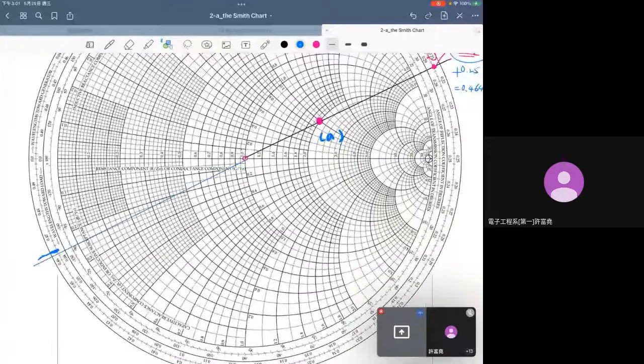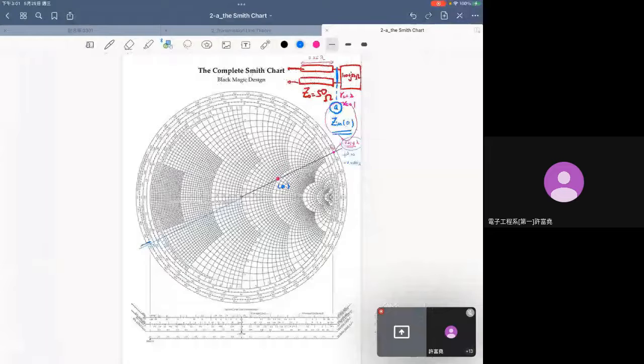If this is a quarter wave transmission line, this one always has the half circle, to this position.